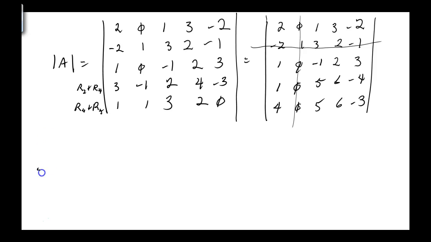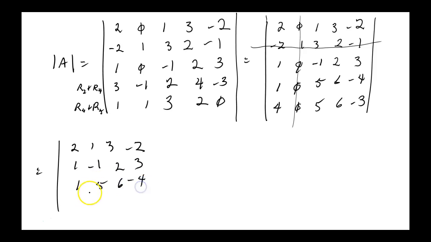So that would be the same as the determinant of 2, 1, 3, negative 2; 1, negative 1, 2, 3; 1, 5, 6, negative 4; and 4, 5, 6, negative 3. Not quite as nice a looking turnout as what we had before, okay?